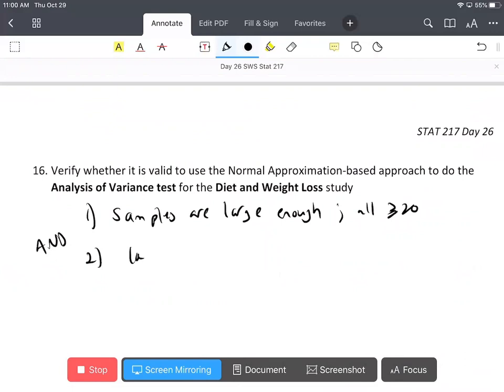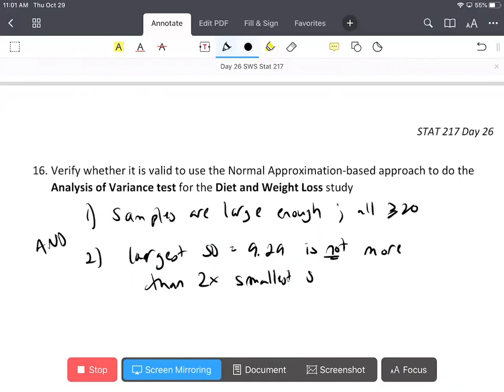The largest standard deviation, which is 9.29, is not more than 2 times the smallest standard deviation, which is 5.39. 2 times 5.39 is greater than 9.29.